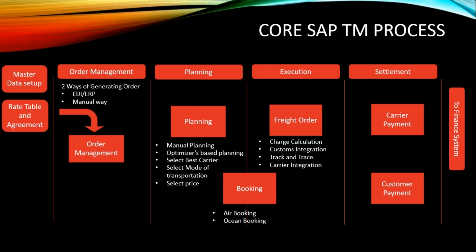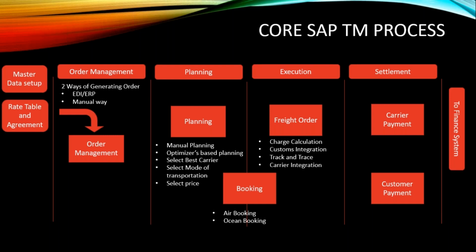Prominently, you will have to book your air and ocean consignment during your planning time only. That is why you can see it is partially falling into planning as well as into execution. So you do have to take care of the same. That is taken into account, and once it is done, you will be following up the same thing at the execution level as well.